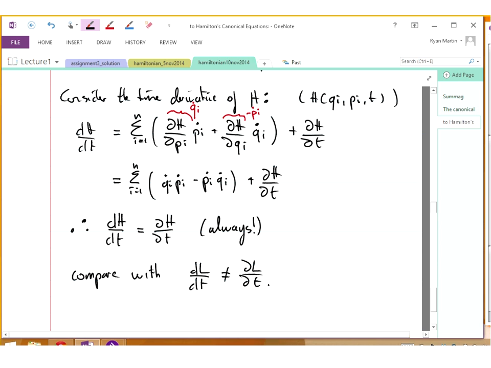They're not equal to each other. The main reason is because L depends on q_i and its time derivatives, so there's no way they're going to cancel. But here we've proven that the total time derivative of H is identically equal to its partial time derivative.